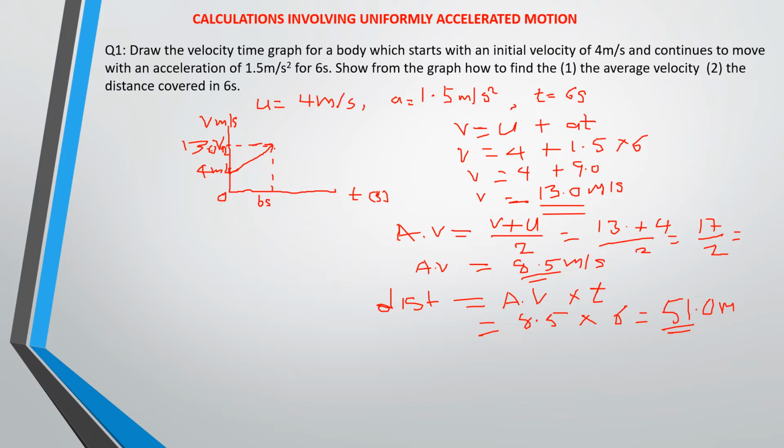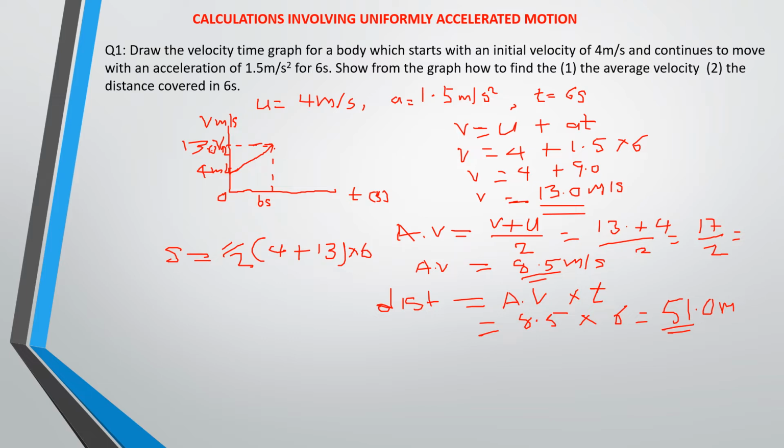The area of the trapezium is half the sum of the parallel sides times height. So distance is equal to half, parallel sides 4 plus 13, times the height, which is 6.